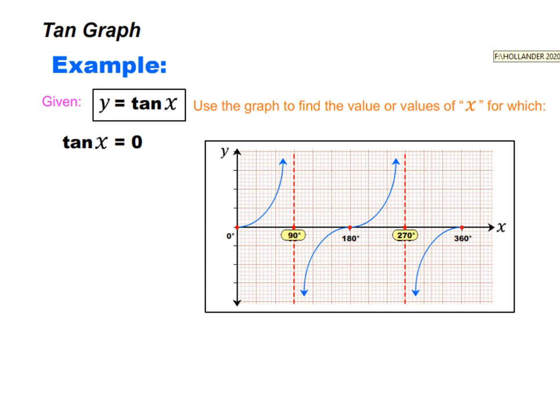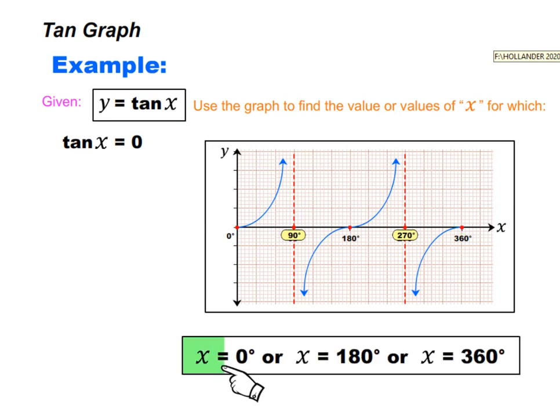The graph cuts the x-axis at 0 degrees, which is here. The graph also cuts at 180 degrees, which is here. And at 360 degrees, which is here. So, our x-intercepts are x is equal to 0 degrees, or x is equal to 180 degrees, or x is equal to 360 degrees.